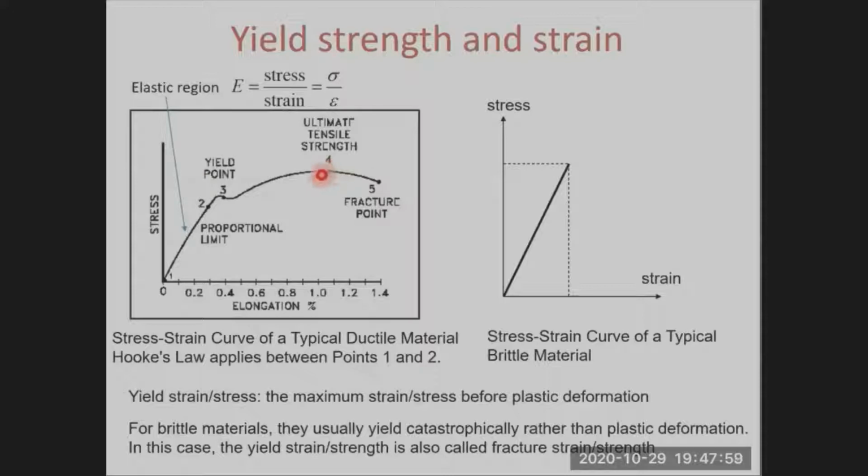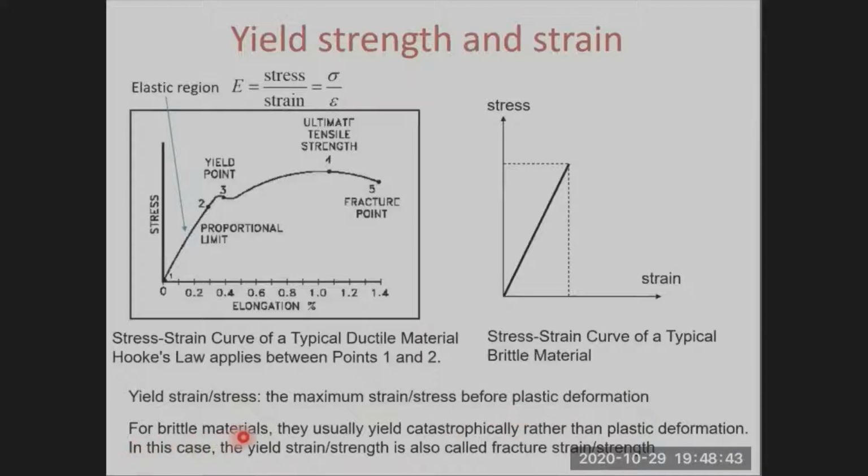And point 5 is the fracture point, at which failure of the material occurs. The material simply fractures. So this is the typical stress strain curve of a ductile material. And the yield strain or yield stress are the maximum strain or stress before plastic deformation.